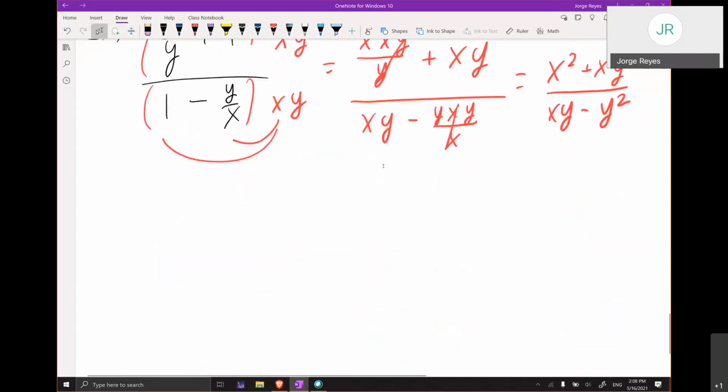Let's deal with some more questions that you could see on a test. A lot of questions, maybe 3 or 4 on your test one, will just give you the instructions to simplify.